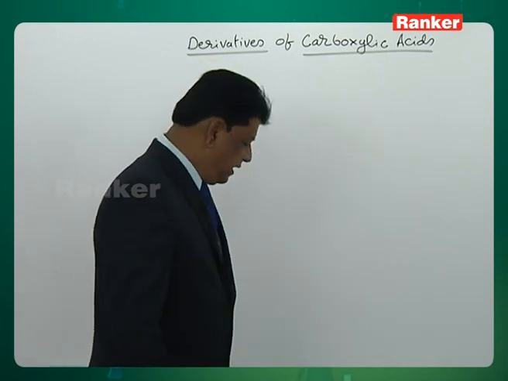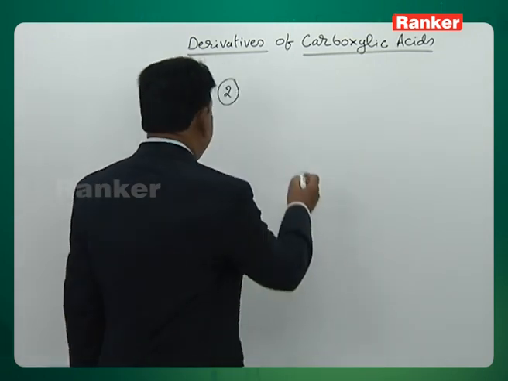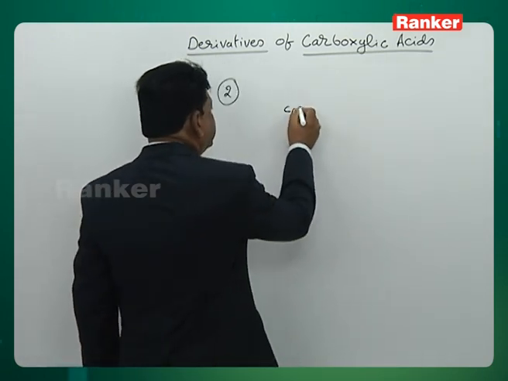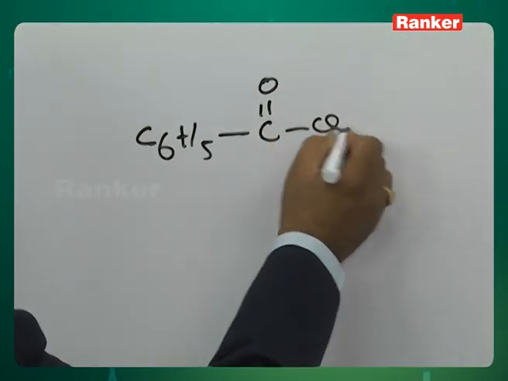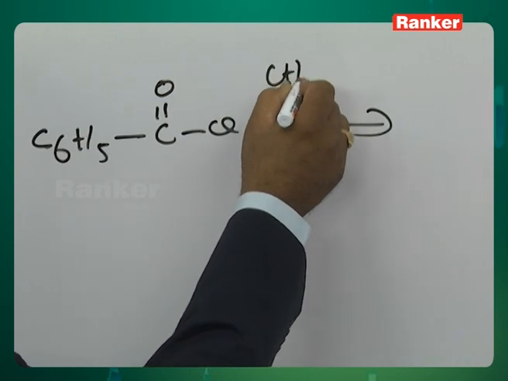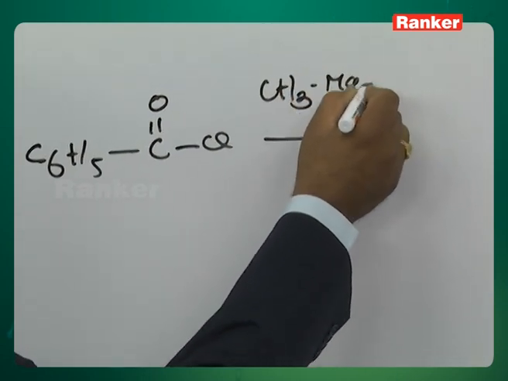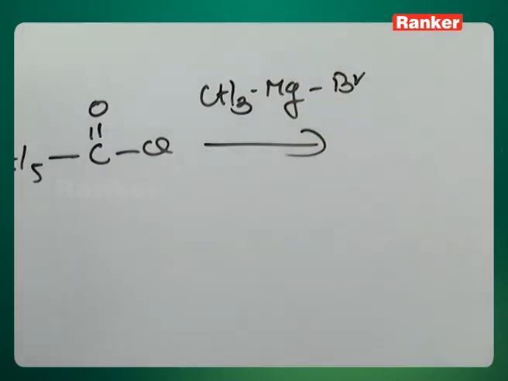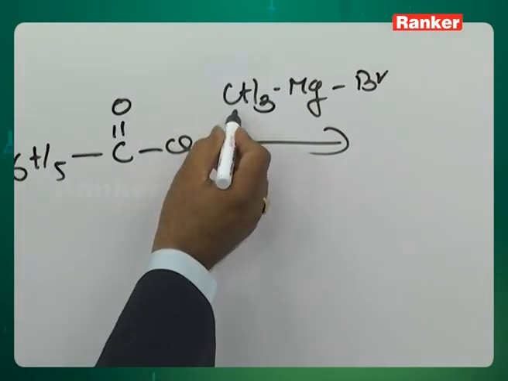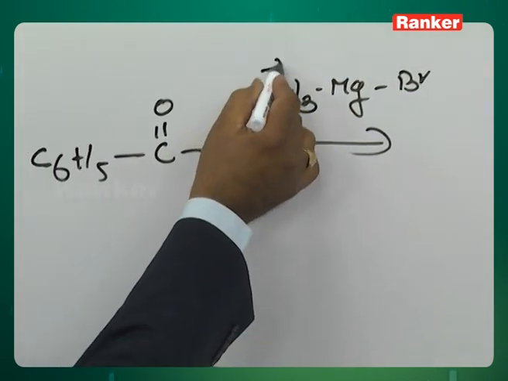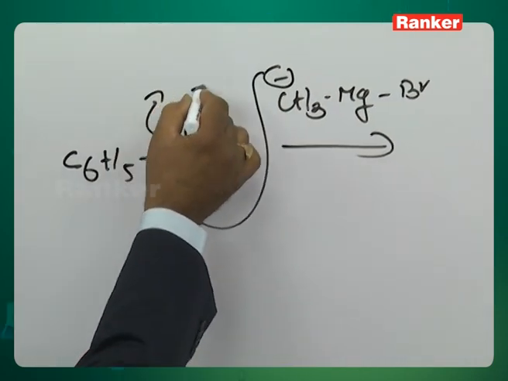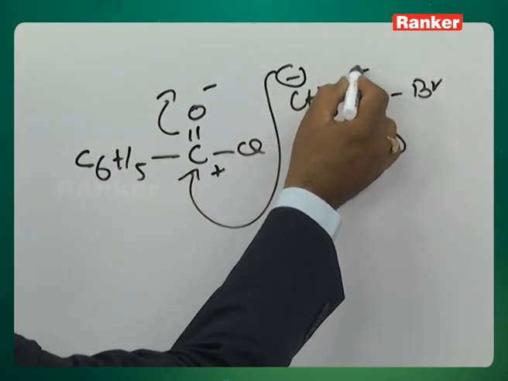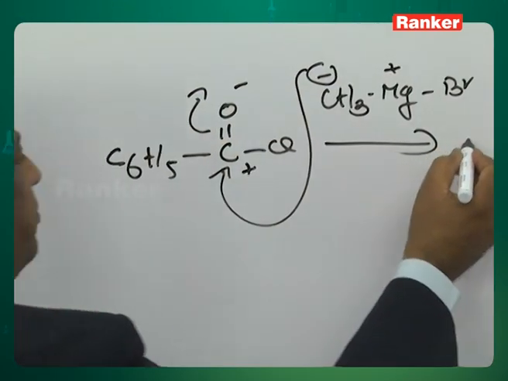So, specifically, theoretically the reaction is C6H5COCl reacting with methyl magnesium bromide. It is a nucleophilic substitution reaction; first the addition reaction takes place. The R will be added on the carbonyl group and the magnesium will be added on the oxygen.